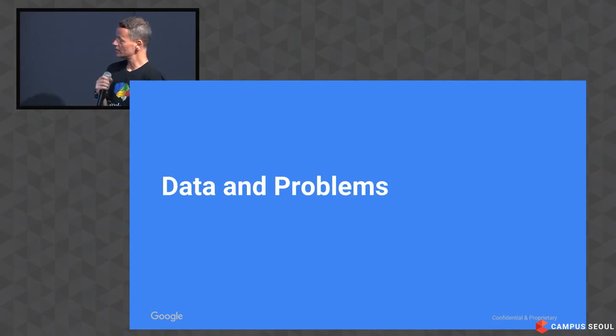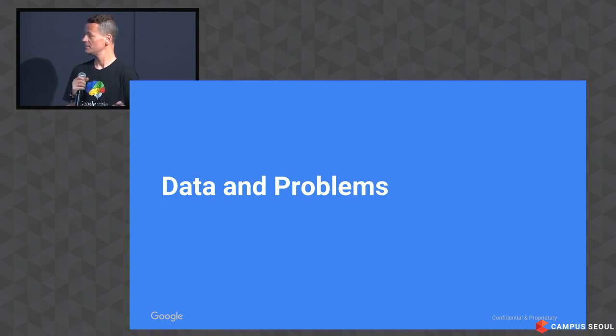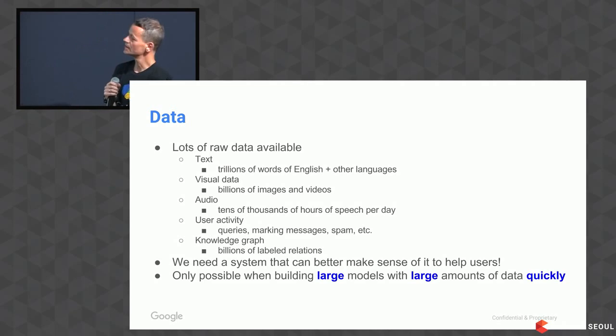Okay, so let's take a look a little bit at the data and the problems that especially Google is looking at. But for many of you, this may be similar. So first of all, we have lots of raw data available. In text, we have trillions of words of English and other languages.